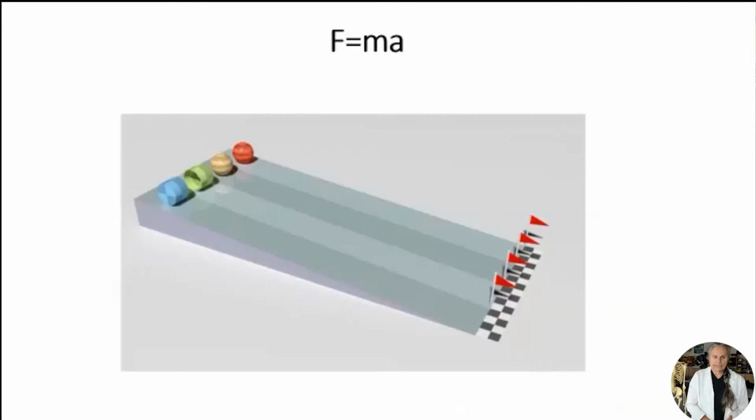So let's look at this one. Force equals mass times acceleration. Now, what's the difference here? It's the same ramp, but yet which one goes down faster? Are they different? Yes, they are. Some are denser. If you notice, the one that is the least dense, the one with the hole in it, goes the slowest.